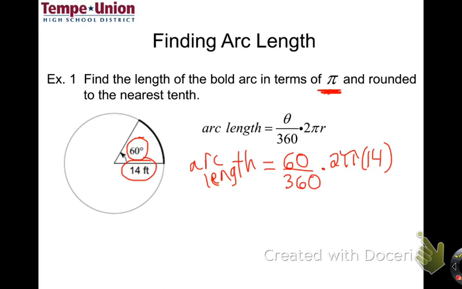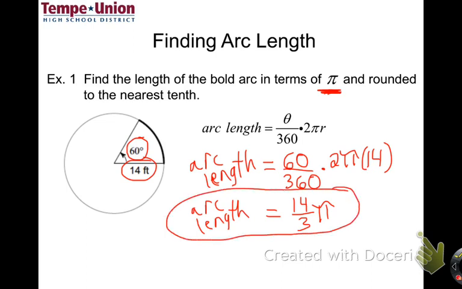So I'm doing 360 over 60, and then I'm going to multiply it by 2, and then I'm going to multiply it by 14. Now when I do this, I get that the arc length is equal to 14 over 3. And again, what I did was I left out the pi, so then I can just bring it down right next to the 14 over 3. This is what the answer would be if we wanted to write it in terms of pi.